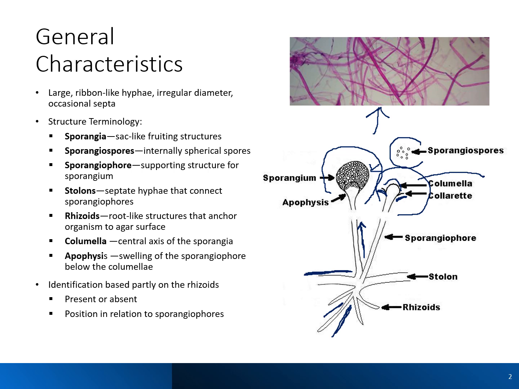And the apophysis, there's not a picture depicted here, but, here it is. This part right here at the end will swell for some organisms, so you will look for this swelling to happen versus it just being straight.